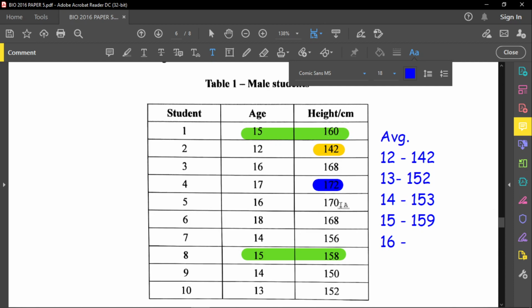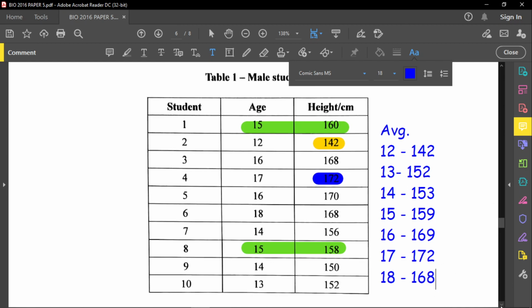The average for that would be 169. For the 17-year-olds, we only have one, so there's no average for that: 172. And the last age, 18, is again only one person, so that is 168. So you'll work with these numbers for males.